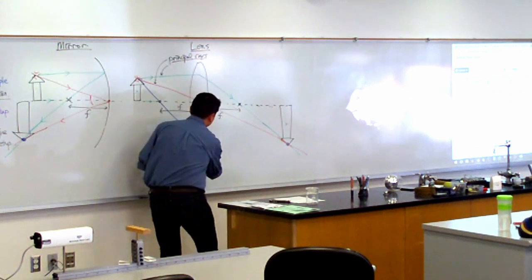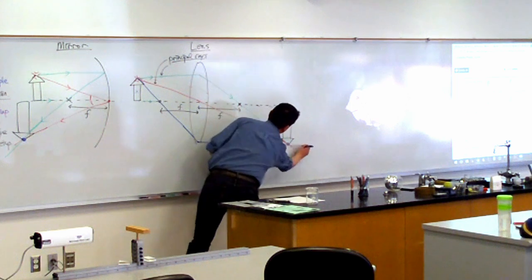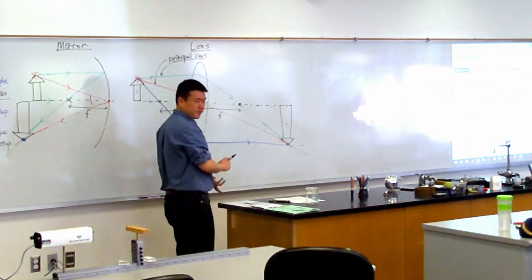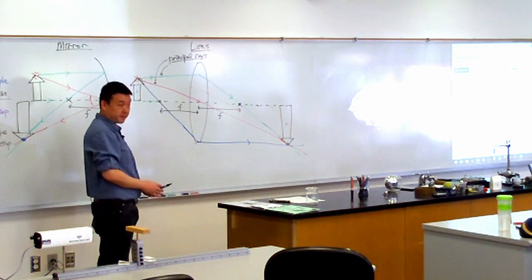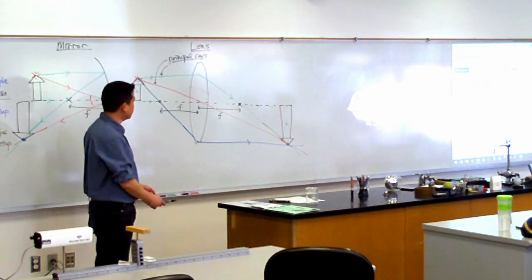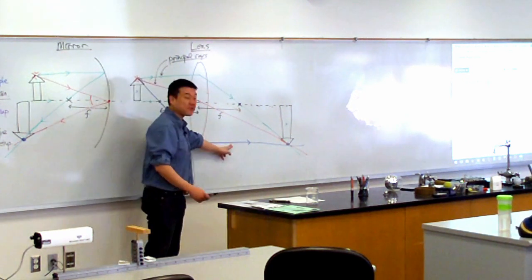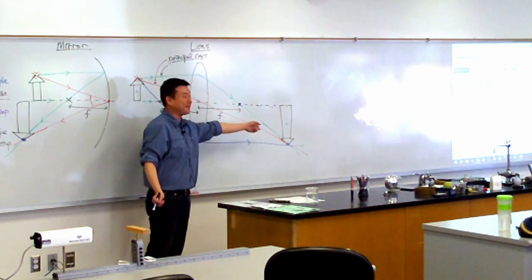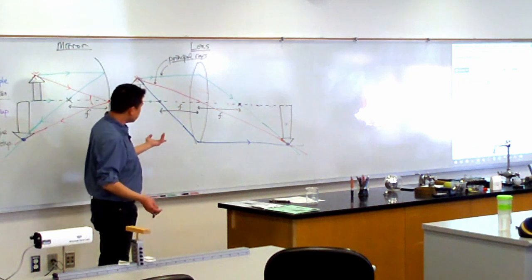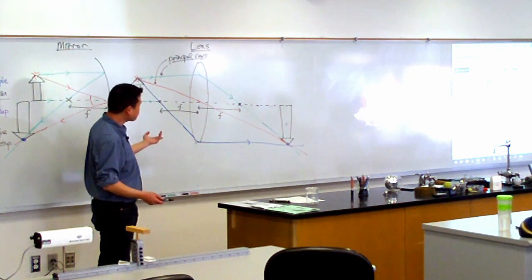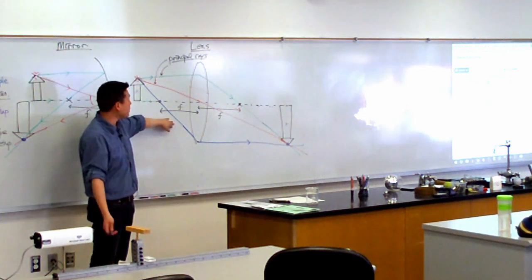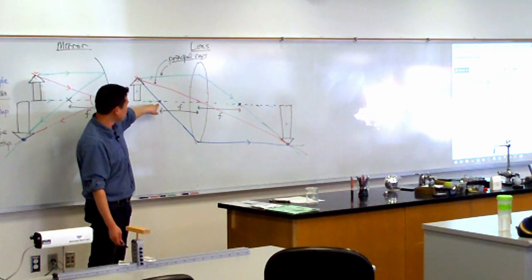And when you draw this all properly with rulers and whatnot, you will see that it goes through the same point here. So it's redundant, it's unnecessary. That's why when I draw ray tracing, I usually don't draw this one, especially when I'm doing freehand without any straight edge, because I'm afraid that it won't come to the same point. But this is the 3rd principal ray. If you needed to draw it, it would be the ray that goes through the focal point here.